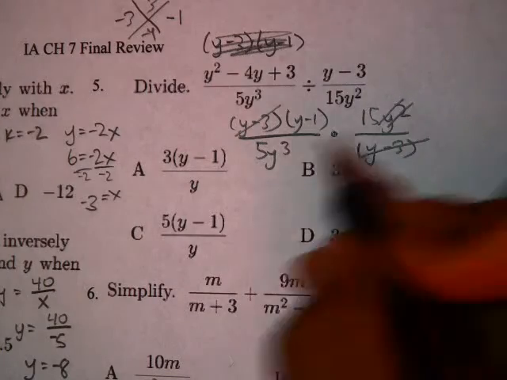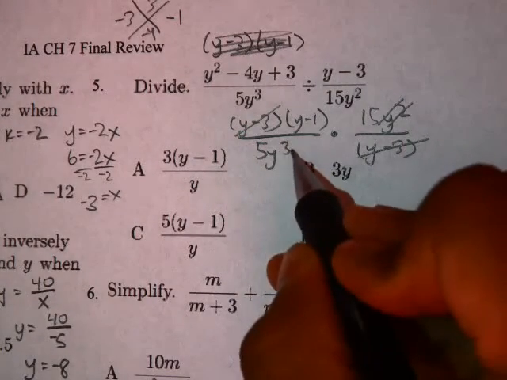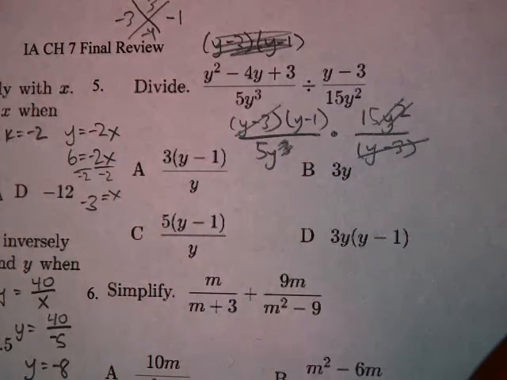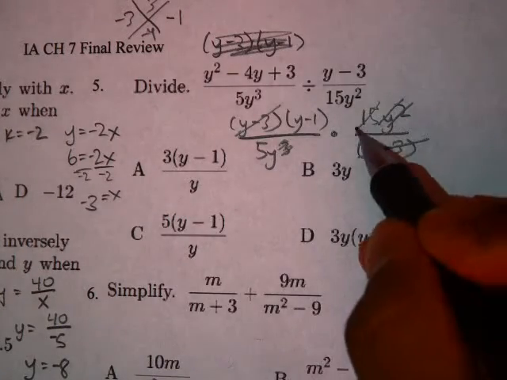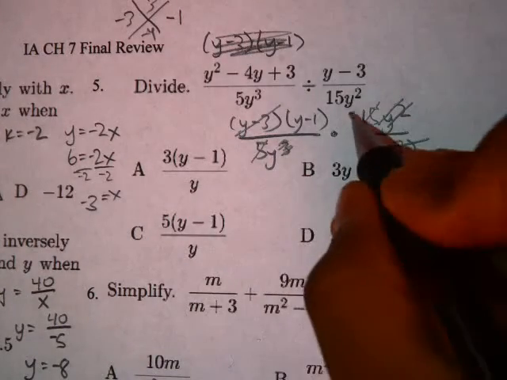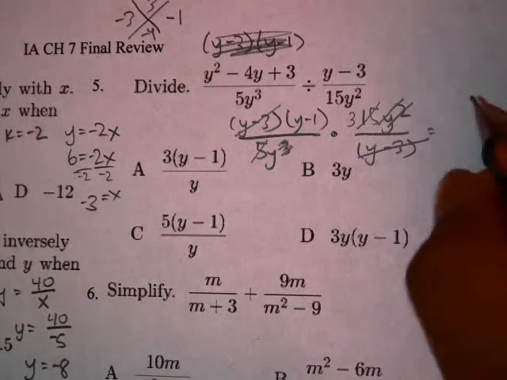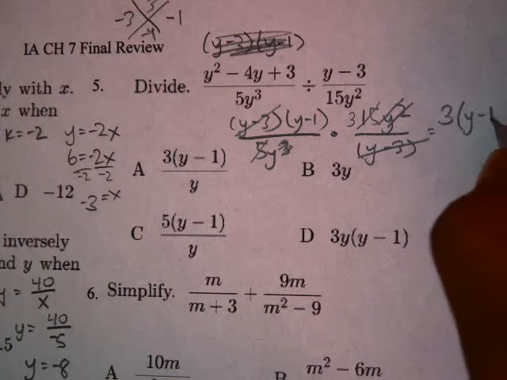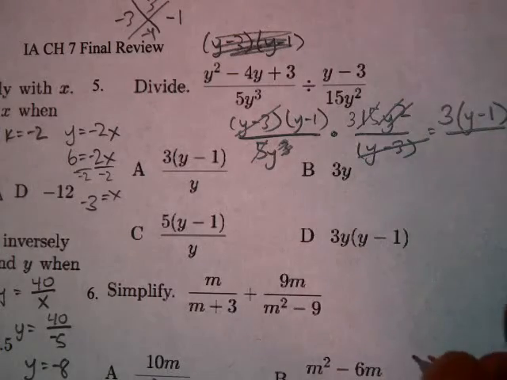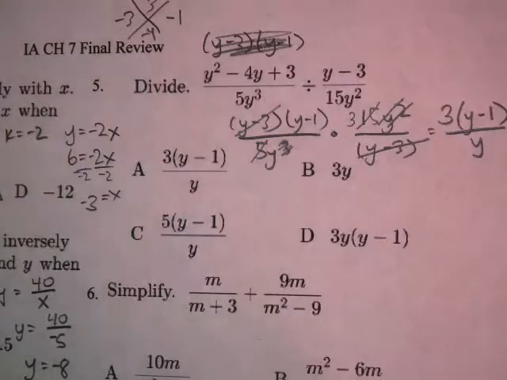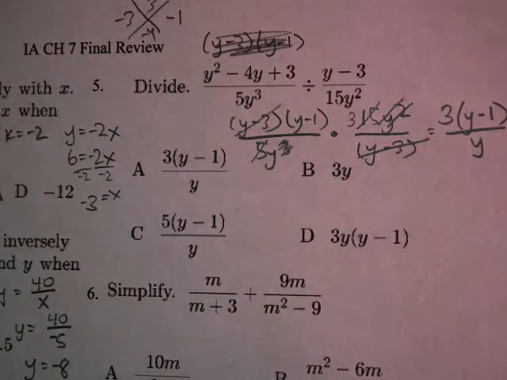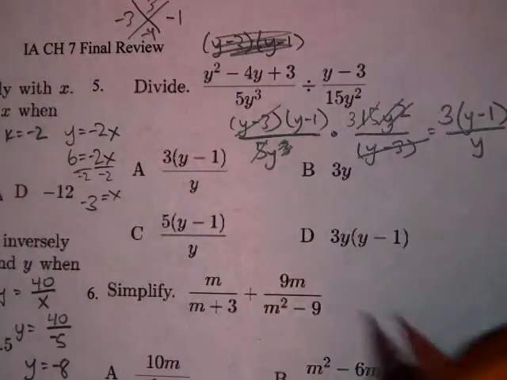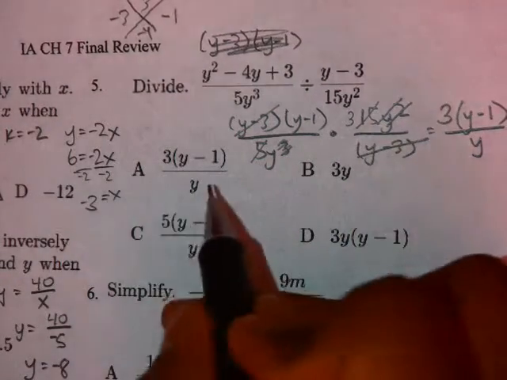The y squared can reduce with the y cubed, leaving only one y at the bottom. And 15 over 5 reduces to just 3 on top. So rewriting everything, I have a 3 on top, a y minus 1, and a y at the bottom. Sorry. So that answer is A.